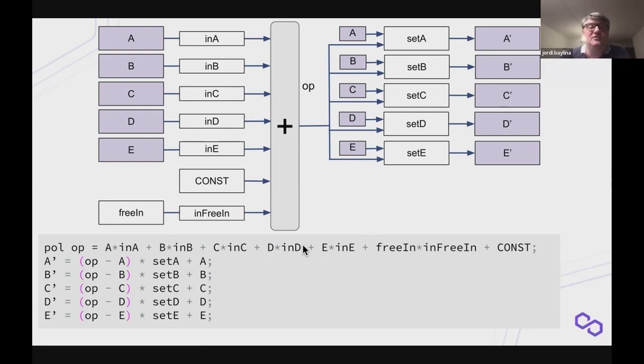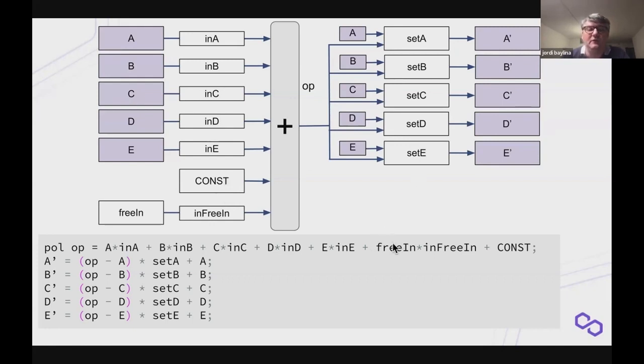The instruction can be, for example, inA, inB, inC, inD, inE, a constant, a free input, all these things that you see in white. This is part of the instruction. Every instruction inA can be 0 or 1, inB can be 0 or 1 or a number. Const you can understand as a single polynomial.